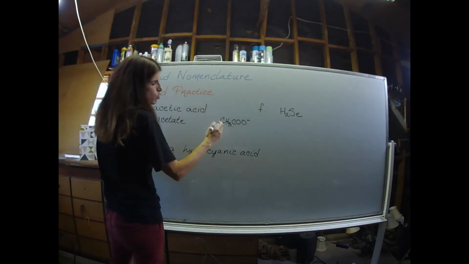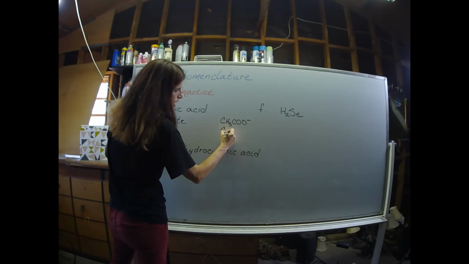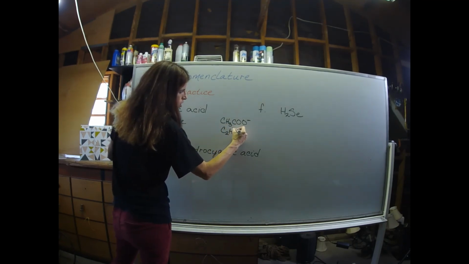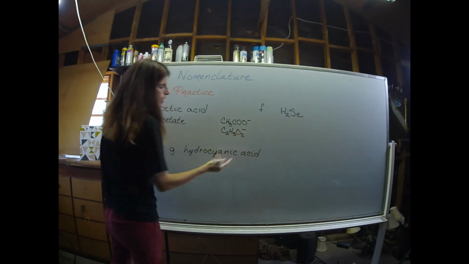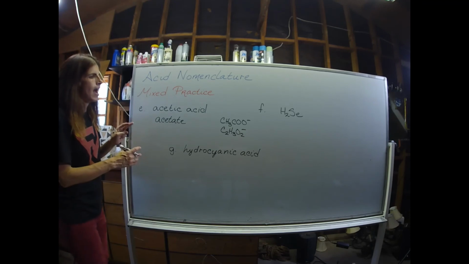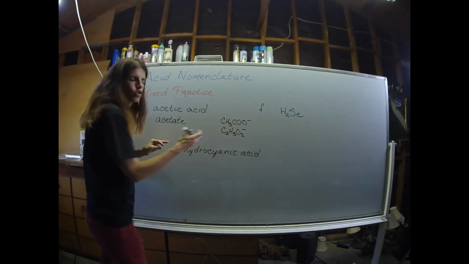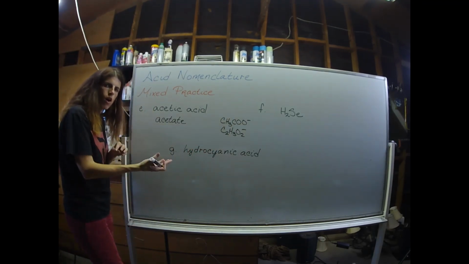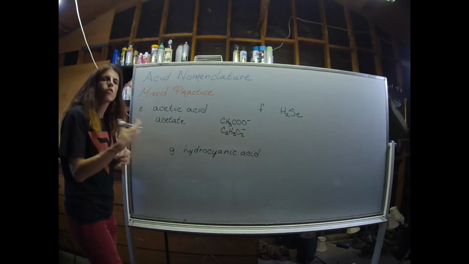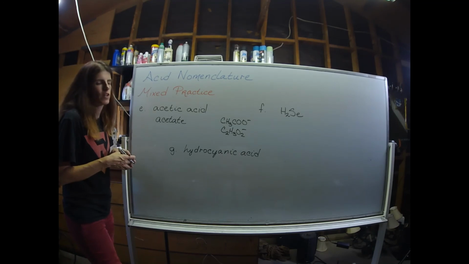However, it's oftentimes also written as C2H3O2 minus. Either way is acceptable, and it has a -1 charge. So when it's crisscrossed with the proton, the H+, we know that they're going to combine in a 1-to-1 ratio.